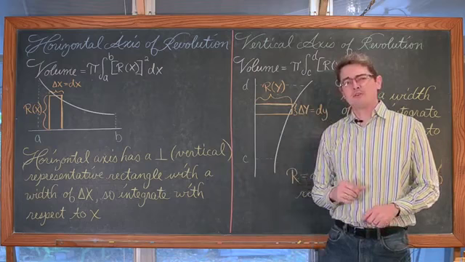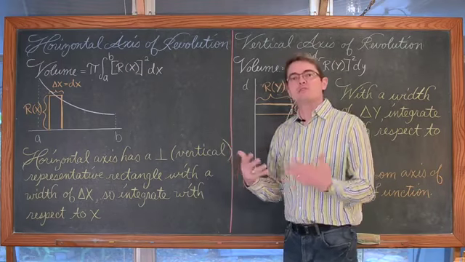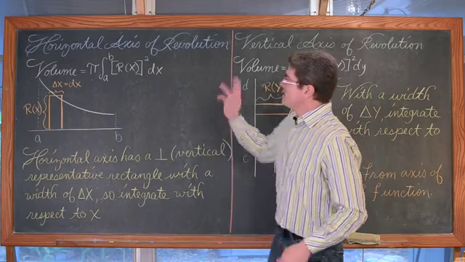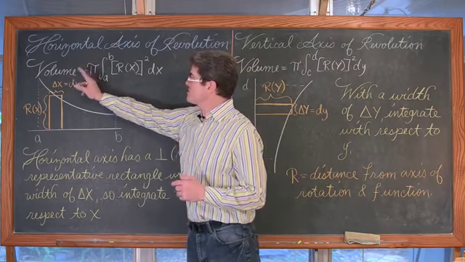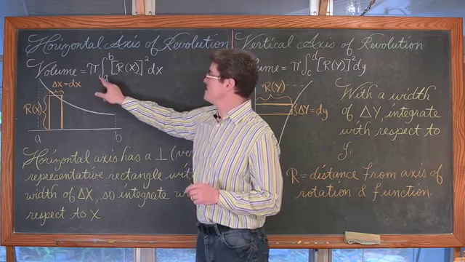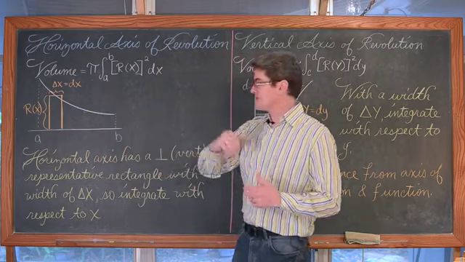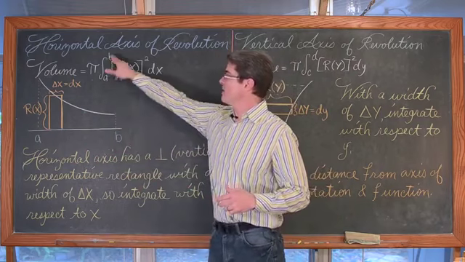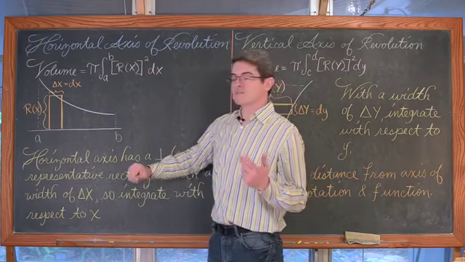Horizontal axis of revolution. This side of the board matches the notation I've used so far in our video. The volume of a solid using the disk method is equal to pi times the definite integral from a to b, the lower and upper values along the x-axis, of r of x squared dx.